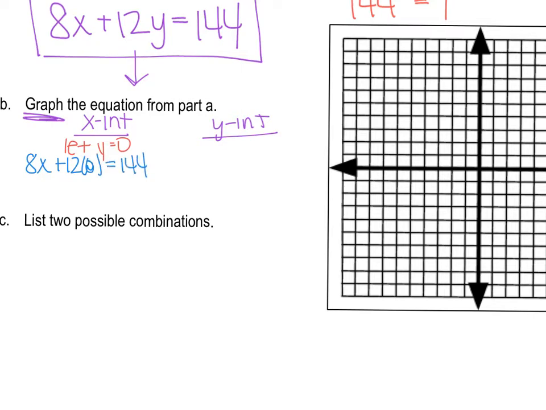One way that helps me remember where to put that 0 is on the top here. When I label this x-intercept, that tells me that in my equation I need only the variable x. That means the other variable disappears. So really 12 times 0 is 0. So I can just cross that out, and I'm left with 8x equals 144.